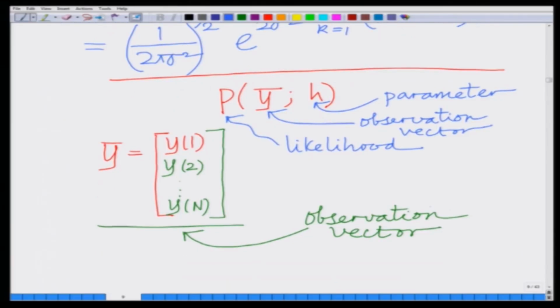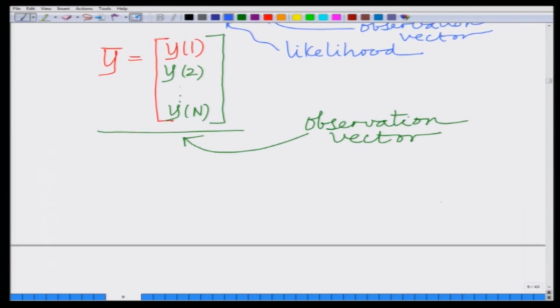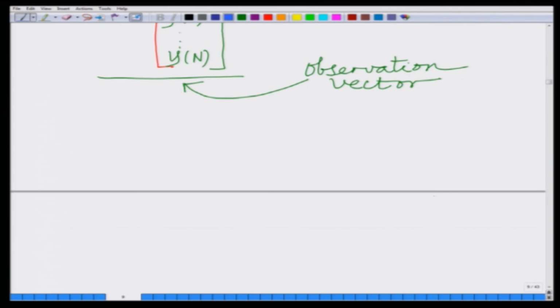And now let us look at this likelihood function. We have derived the expression for it. This is the likelihood of the observation vector parameterized by h.